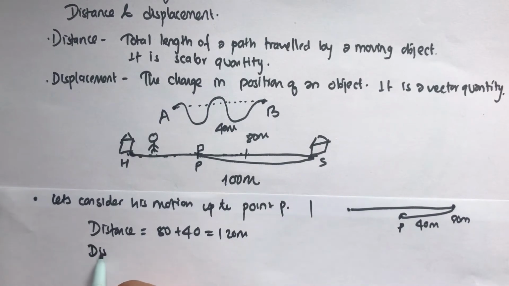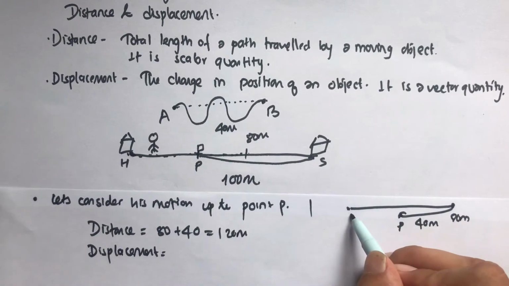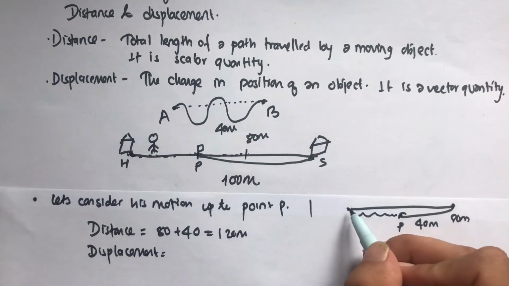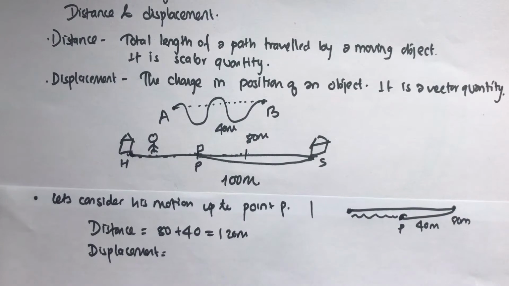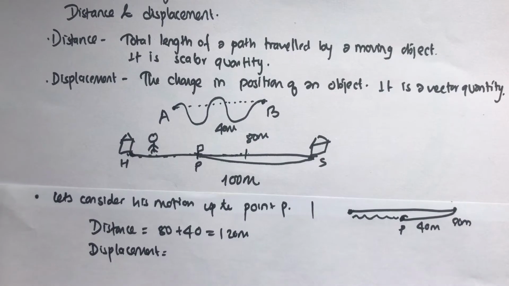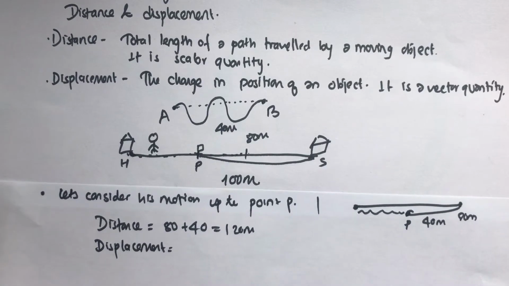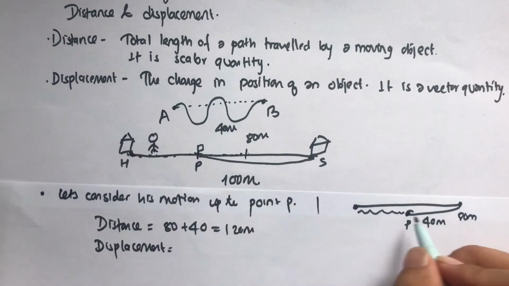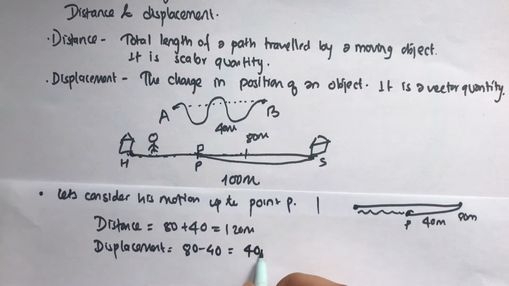But the displacement, if you consider the motion up to point P, is only this distance, because his initial position was his home and his final position was the point P. To find displacement, all we have to do is to determine the initial position and final position, and the distance between these two positions is the displacement. So the displacement here is 80 minus 40, which is 40.